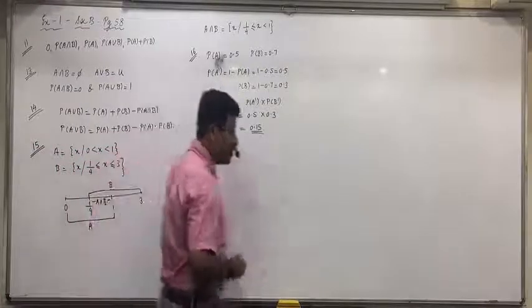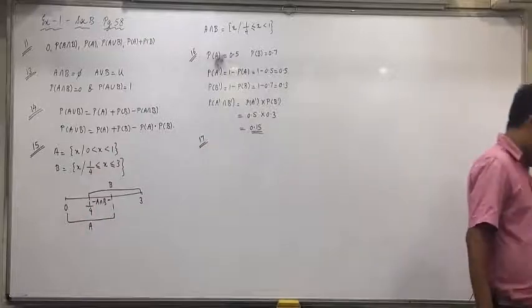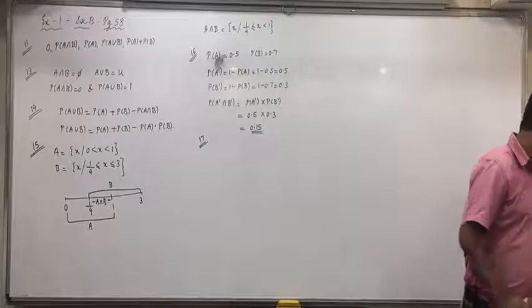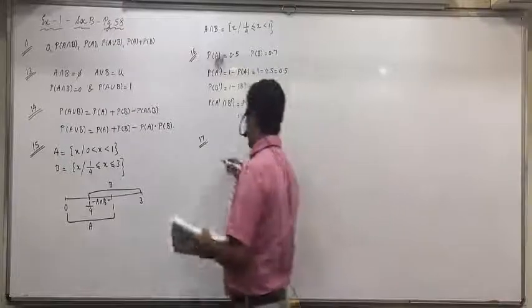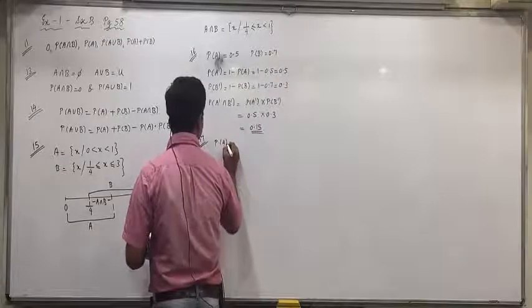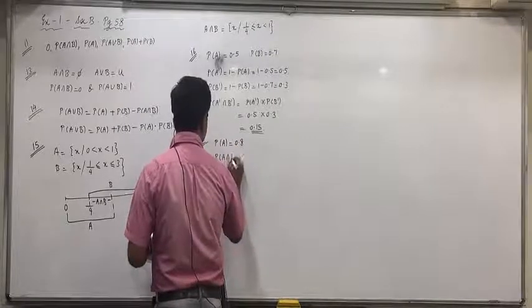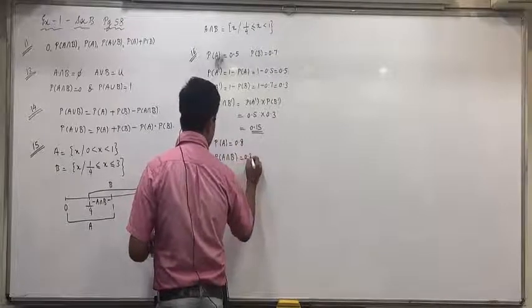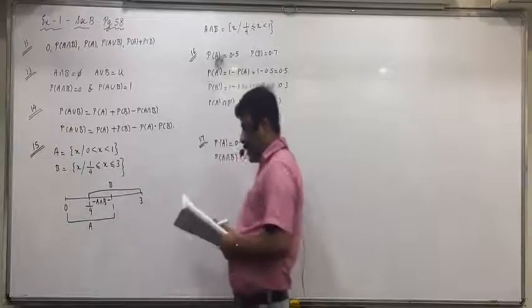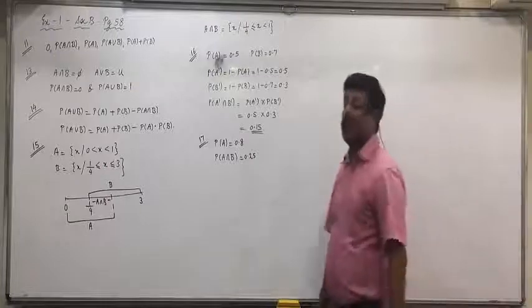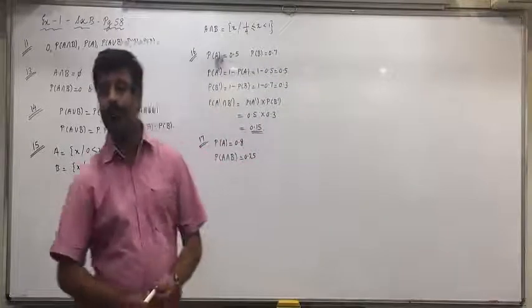Look at 17th question. If P(A) equals 0.8 and P(A intersection B) equals 0.25, then find P(A minus B). Direct formula. If you remember the formula, you'll be able to solve.